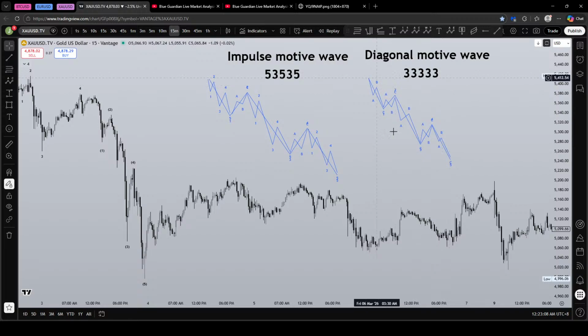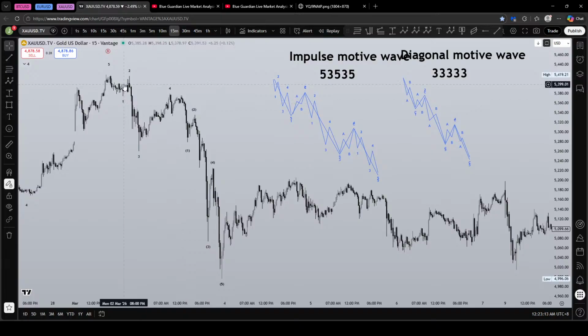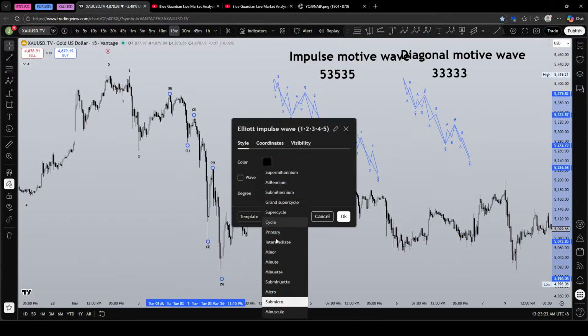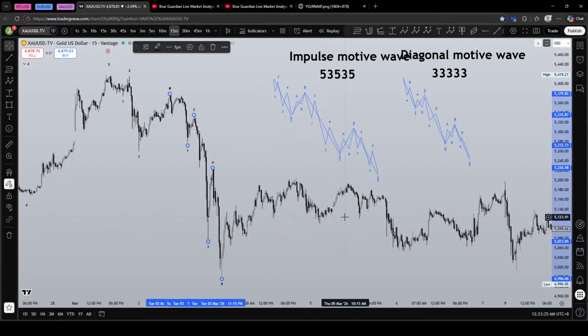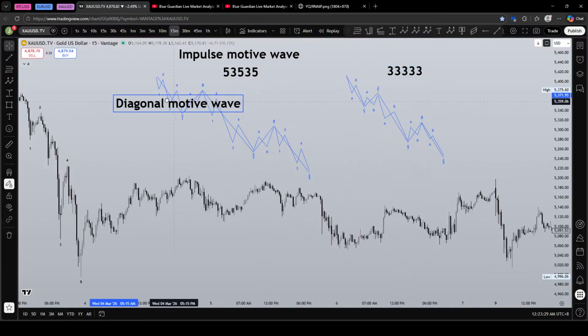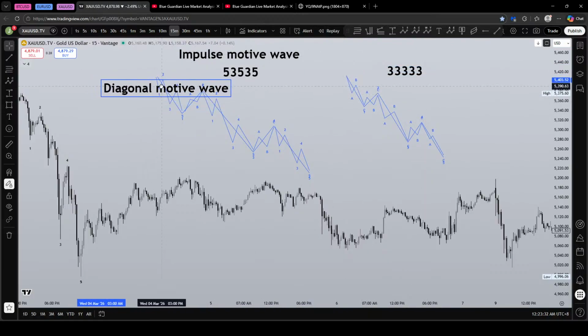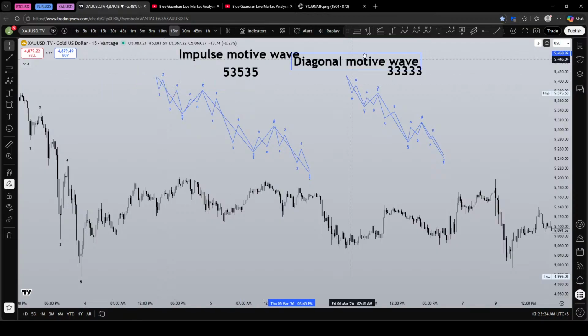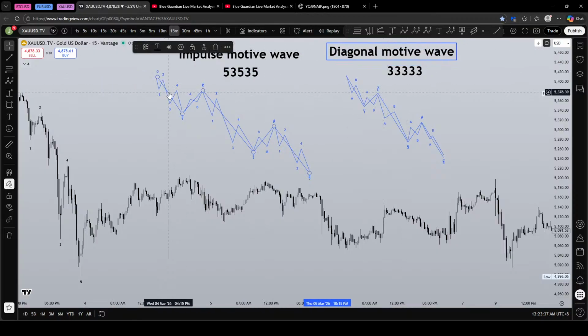Please take note that this diagonal motive wave can only happen as leading internal waves of wave 1 or as ending internal waves of wave 5. I repeat, a diagonal in Elliott wave theory can only happen in the first wave, what we call a leading diagonal, or the last wave as an ending diagonal.